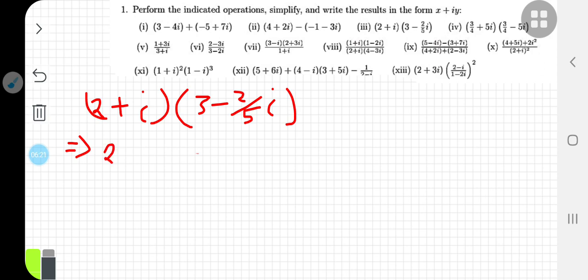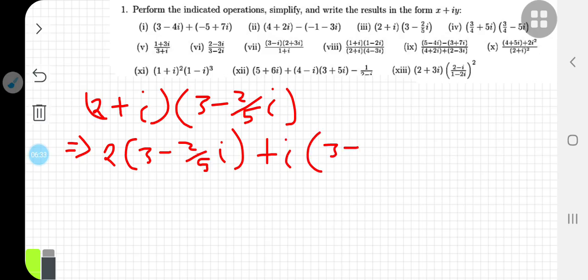So 2 is multiplying with 3 minus 2 over 5i, plus i is also multiplying with 3 minus 2 over 5i.